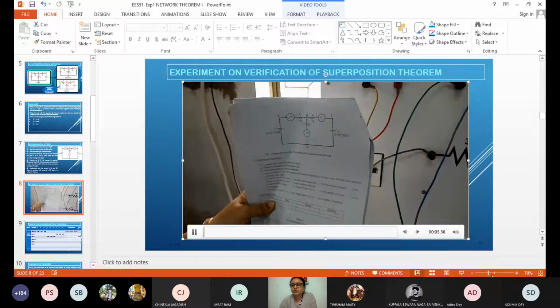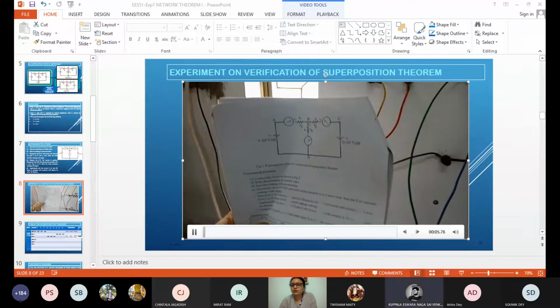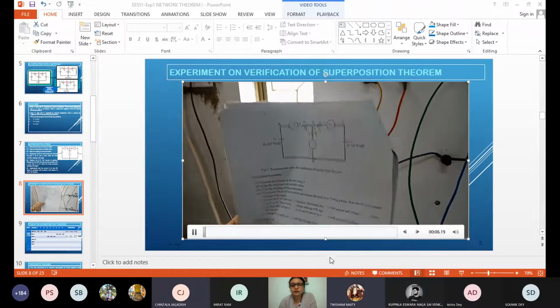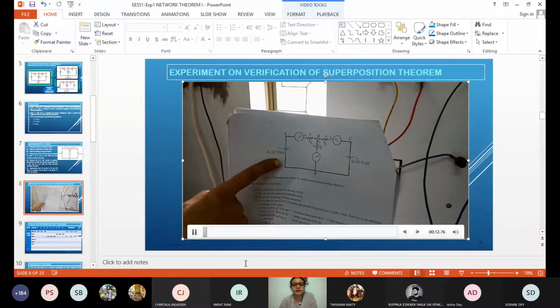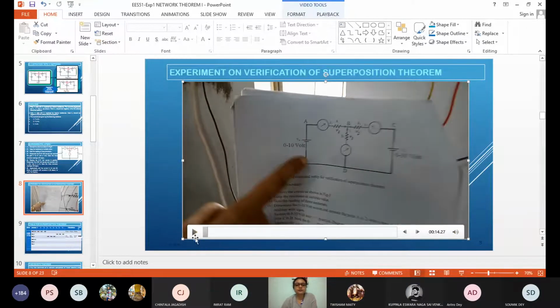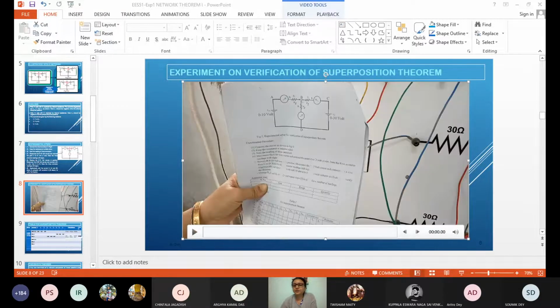Yes, ma'am, audible now, but it is very low and not clear. Increase your laptop's volume. No, laptop volume is 100%, but it is very low. What to do? I'll just try to play from mine. Let's see what happens.